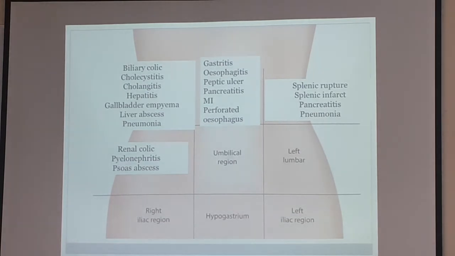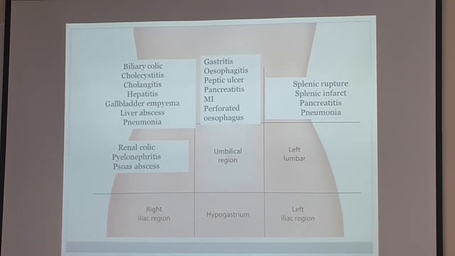So with a few of those, for example appendicitis, why does it go to the umbilical region? Why do they get pain there? It has to do with the nerves of the peritoneum, doesn't it? And it migrates. It's migratory pain.